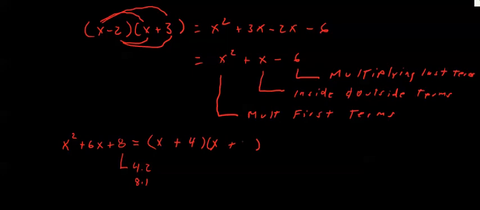Plus 4, plus 2, 4x plus 2x gives us 6x. And notice here, I'll do it in pink, we multiplied these two terms and these two terms. So when I check for factoring, I just write it like this. Double smiley face, I call it. All right? All we did is check, and now I've written this as a product of factors.